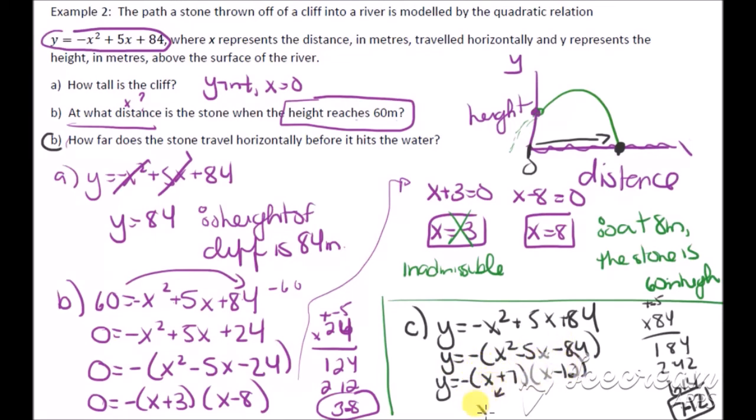And therefore, when you branch off, x is going to equal negative 7, and then x is going to equal 12. Okay, so when we look at these, negative 7 is inadmissible. So therefore, at 12 meters, the stone hits the water.